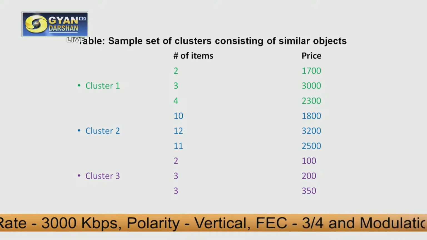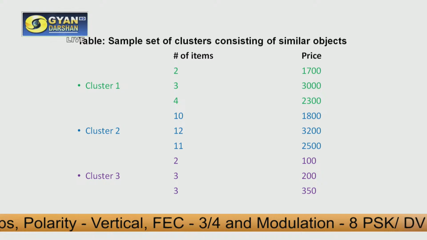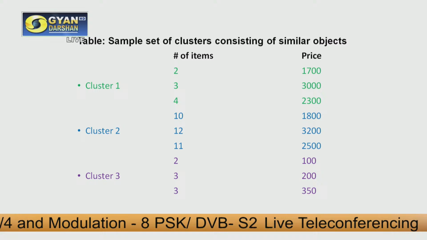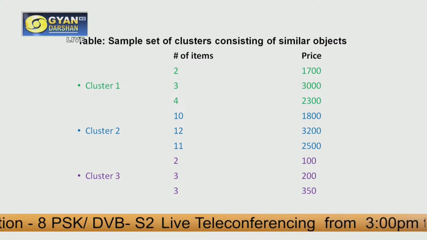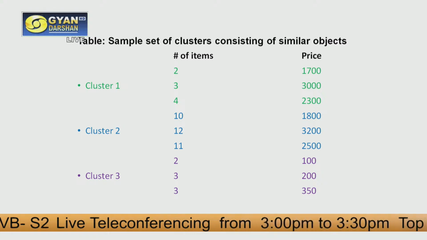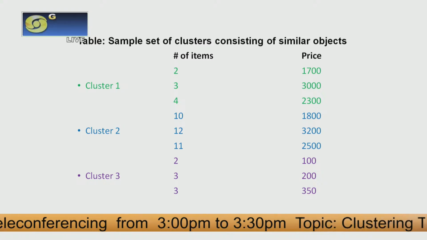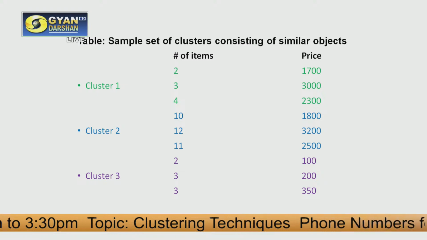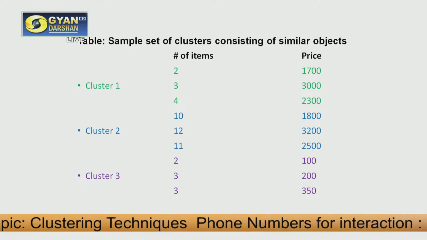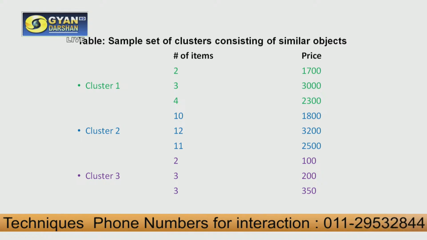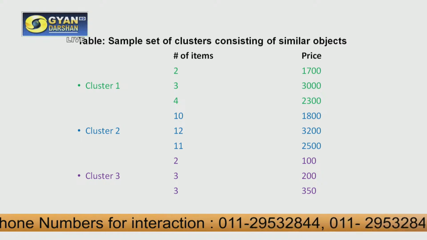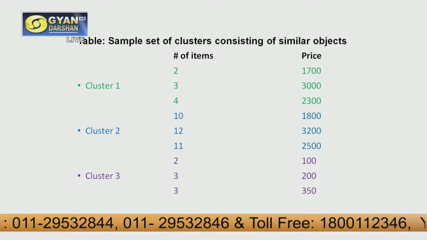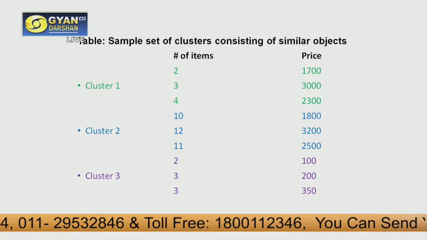Cluster 1 customers purchased a few high price items, cluster 2 customers purchased many high price items, and cluster 3 customers purchased low price items. Based on these features, we have clustered them into different groups. This is a type of cluster example by which one can understand what clustering is.